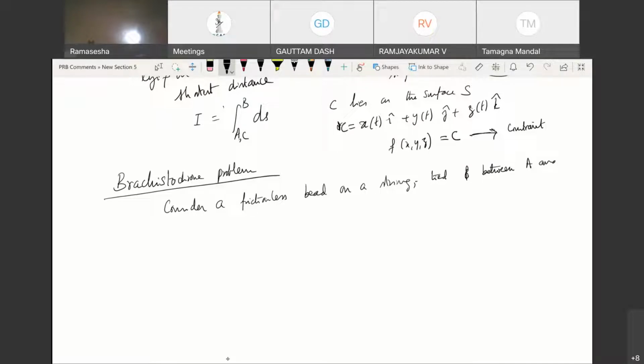The string is lying in the plane. Okay, so what I have is a plane here. I have a point A here, and I have a point B here. Okay, B is below A.